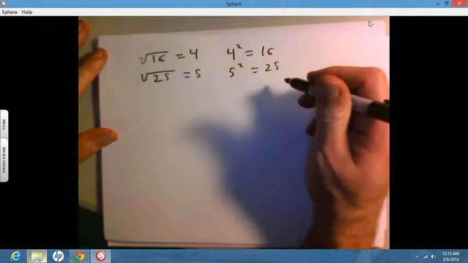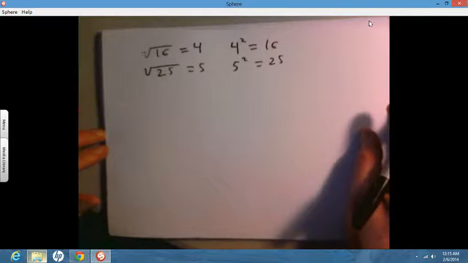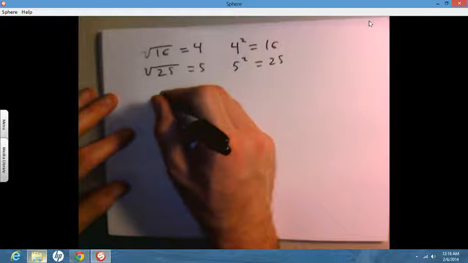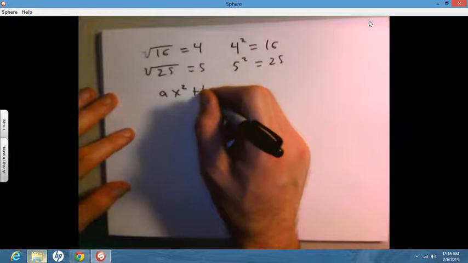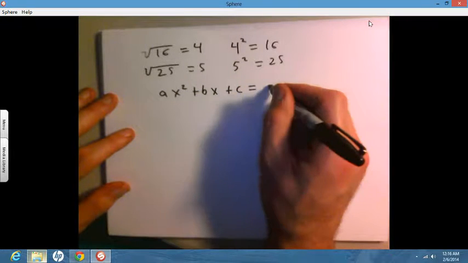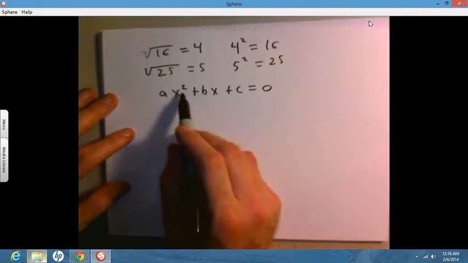Alright, so let's talk about what the whole discriminant thing is. If I have an equation, say ax squared plus bx plus c is equal to 0, it's a quadratic equation because of the 2. We want to solve for x.